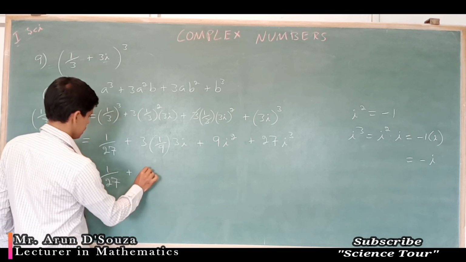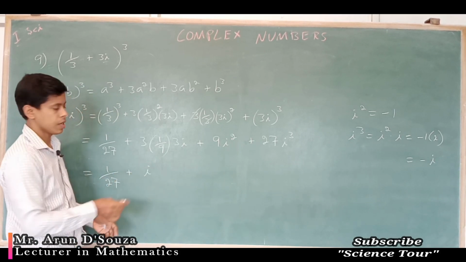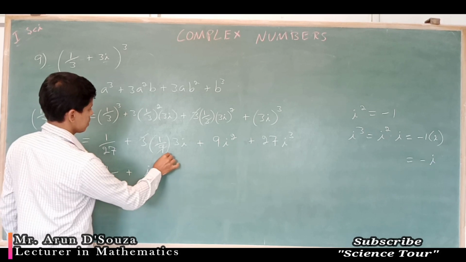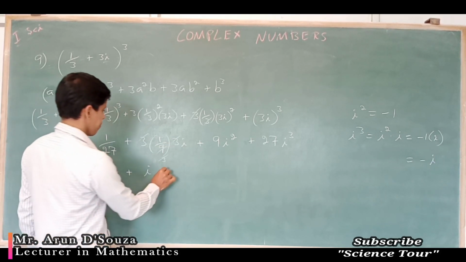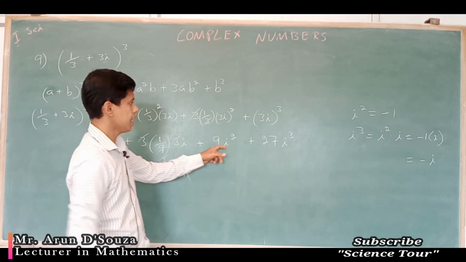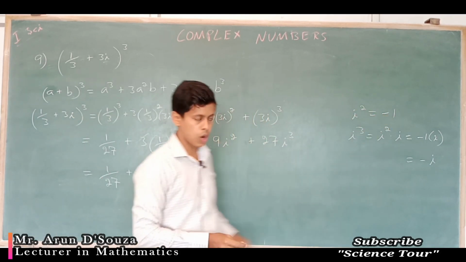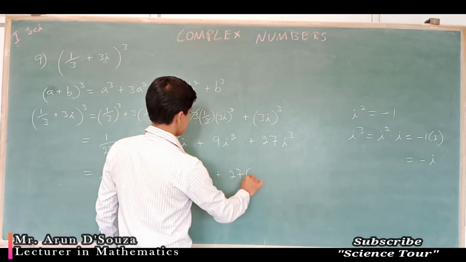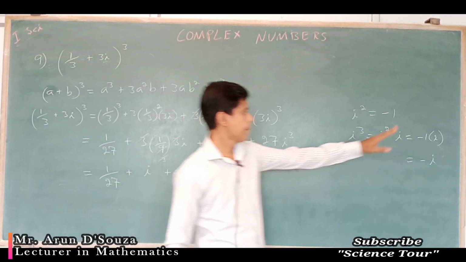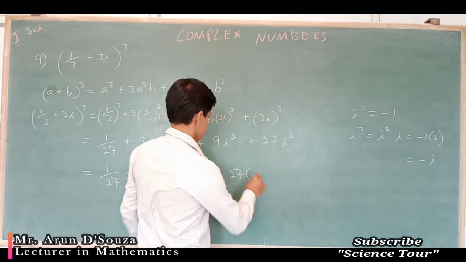Okay, so that is only i. Right, 3 ones are 3, 3 threes are 9. Again 3 cancels. So therefore it is only i. And this is like 9 into minus 1. And this is 27 into minus i. So minus i.